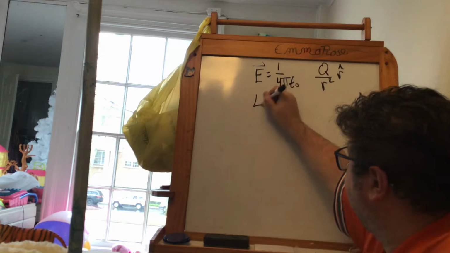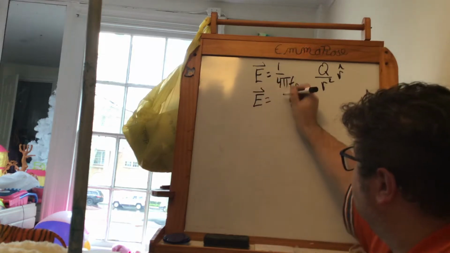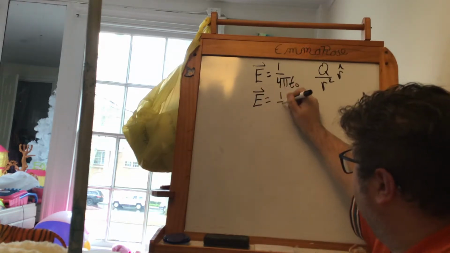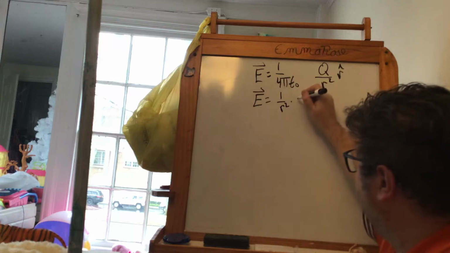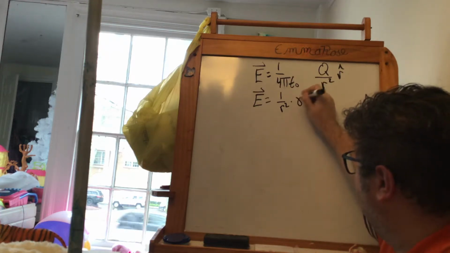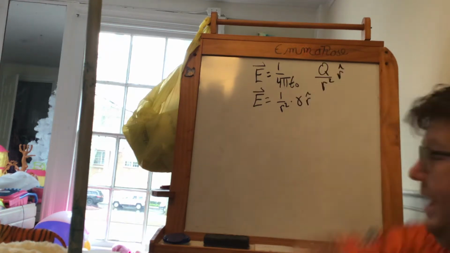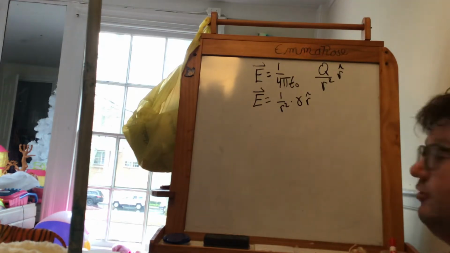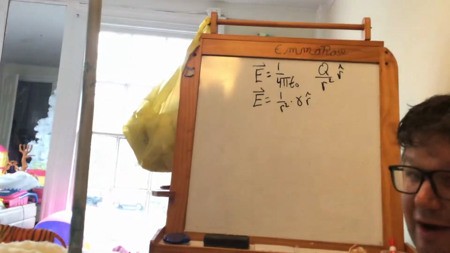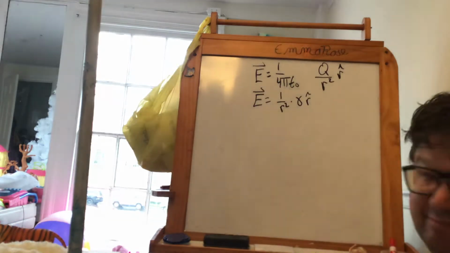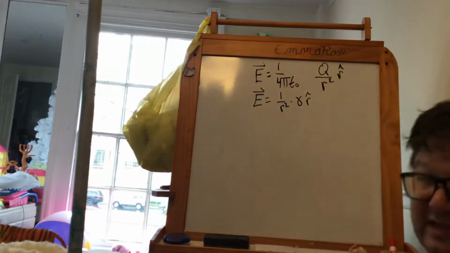Basically, it has this form: 1 over R squared times some constant, we'll call it gamma, why not, R hat. So it goes as 1 over R squared times some factor times R hat.